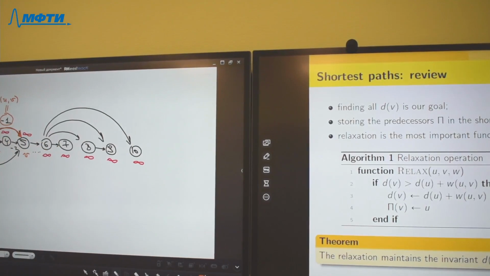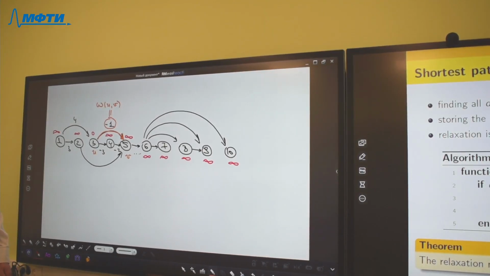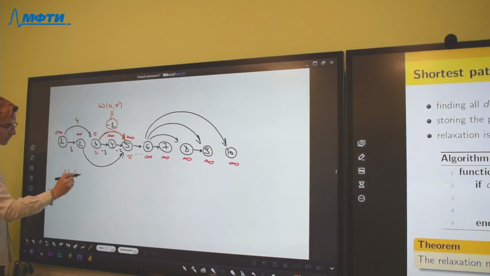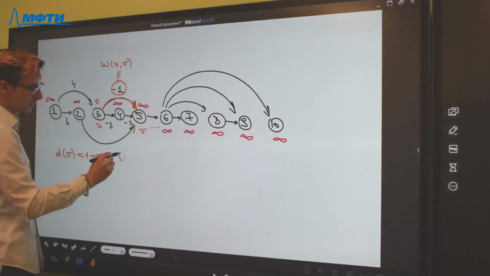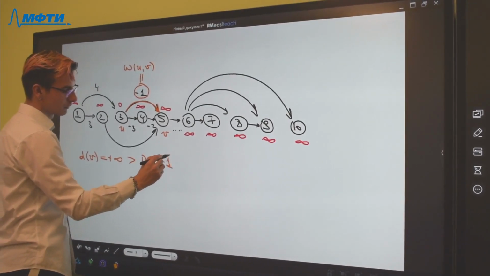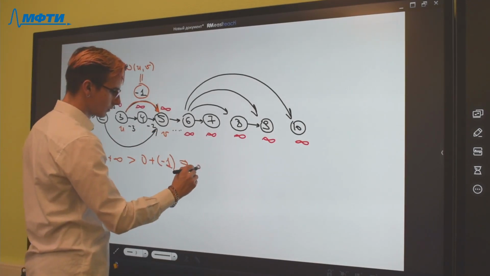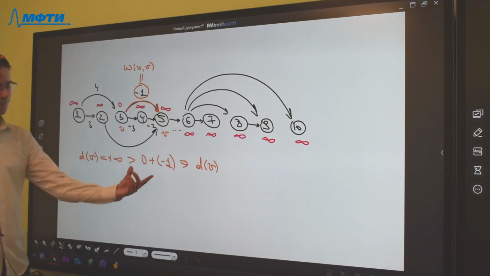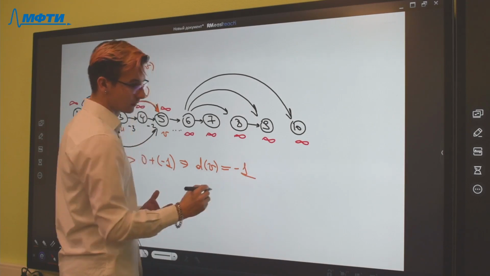Then for the relax operation, if d of v is bigger than d of u plus the weight of the edge between u and v, we see that d of v is equal to plus infinity, bigger than 0 plus -1. Then we set d of v equal to this sum, -1.